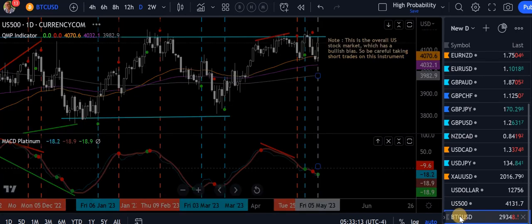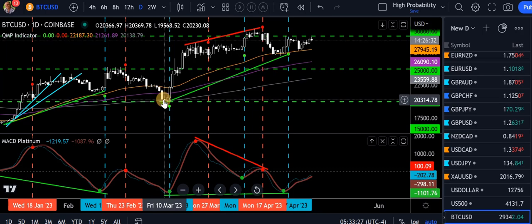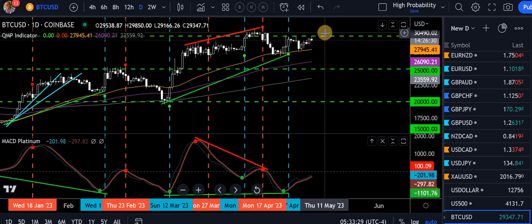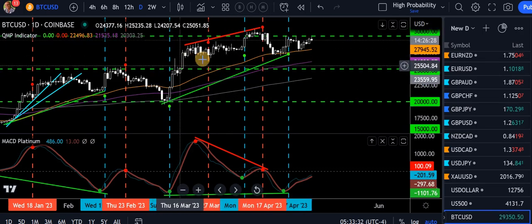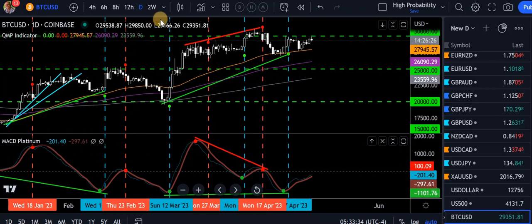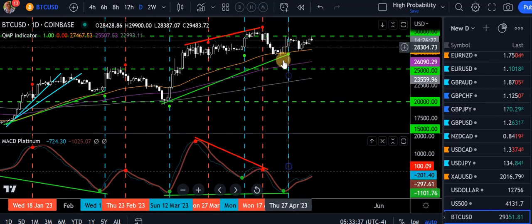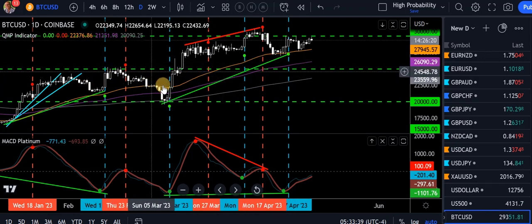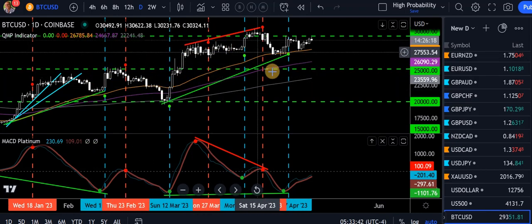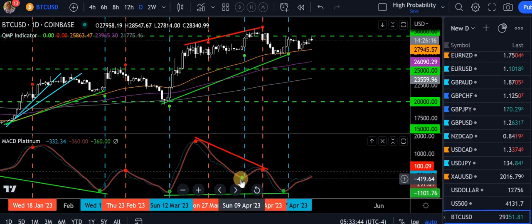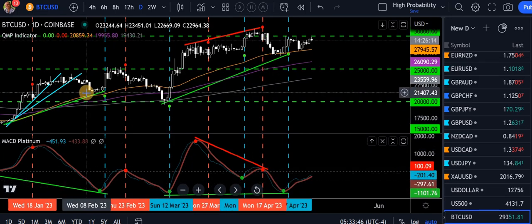And Bitcoin. All right, Bitcoin, this level here is the 30,000 level. It's proven to be a bit of a sticking point. Some divergence there. Last trade, sell trade there. Buy signal there. Yeah, you can see all the signals there. It's just a normal chart. MACD Platinum, same.